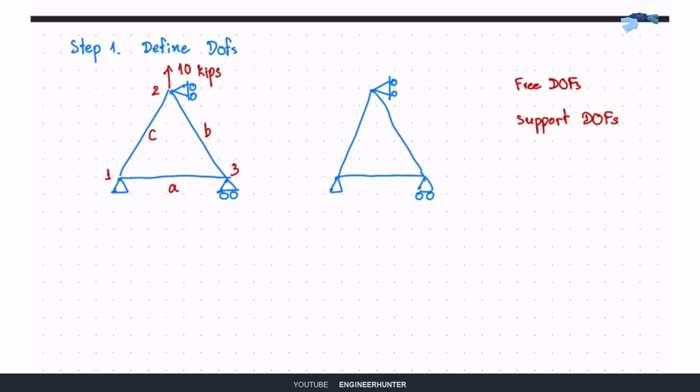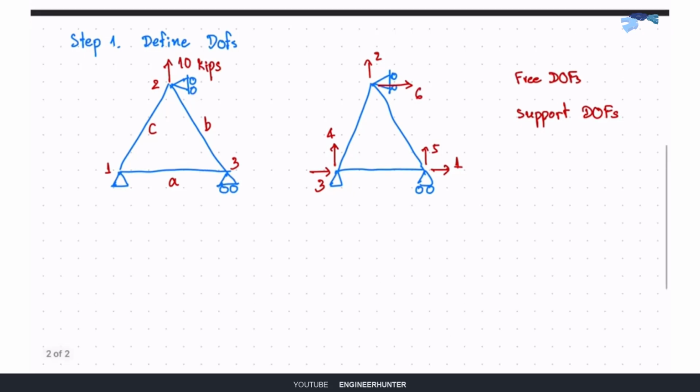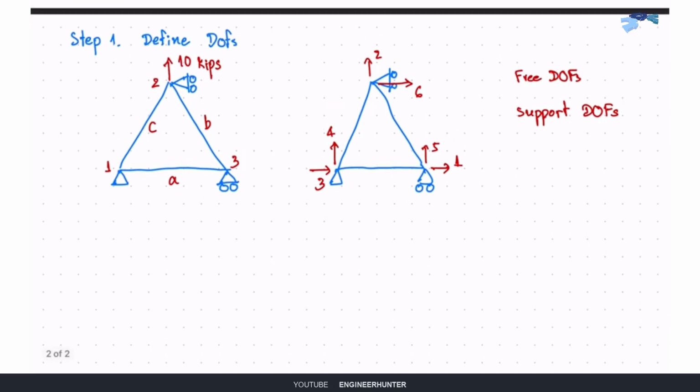So I will define this as degree of freedom number 1, number 2, and then we will continue with the support degrees of freedom. So this is 3, 4, 5, and the last one here 6. So these are the degrees of freedom that we're going to use.